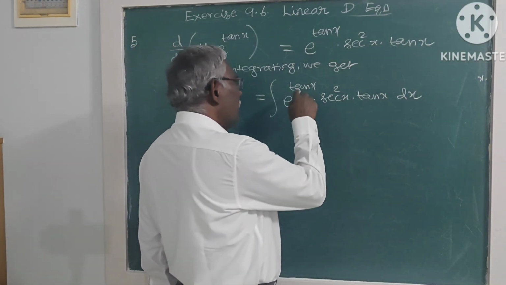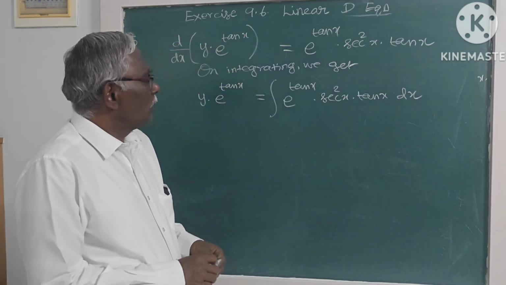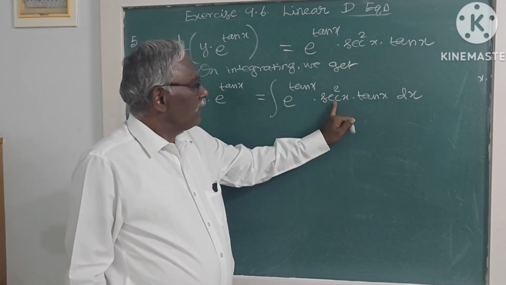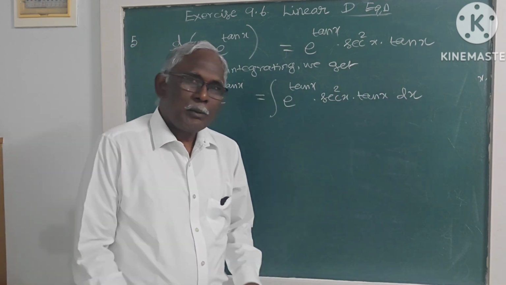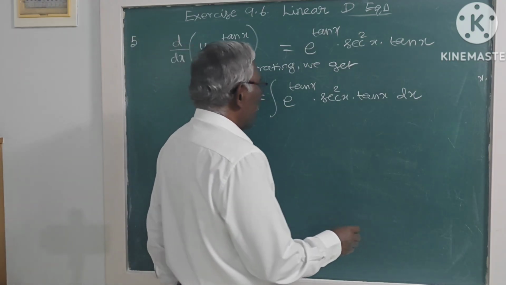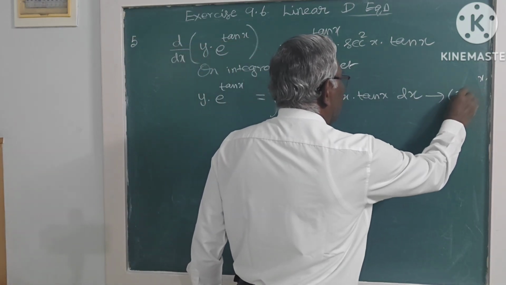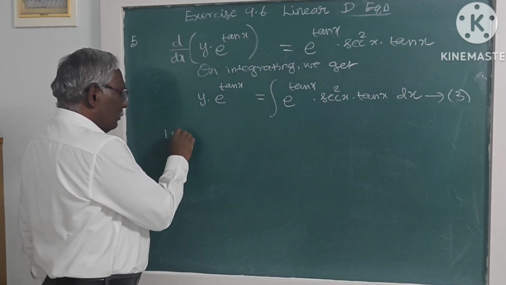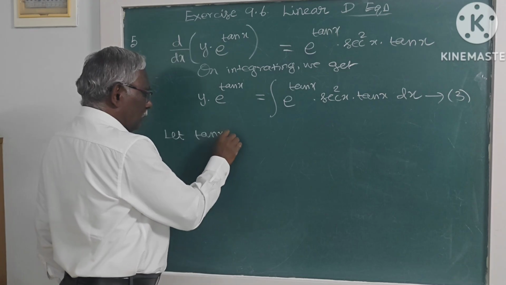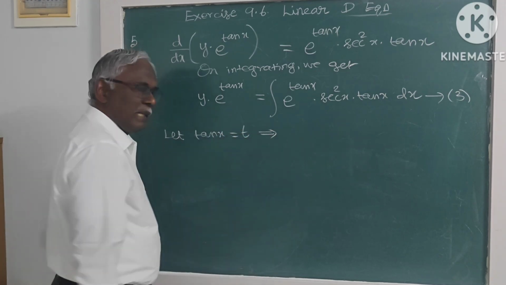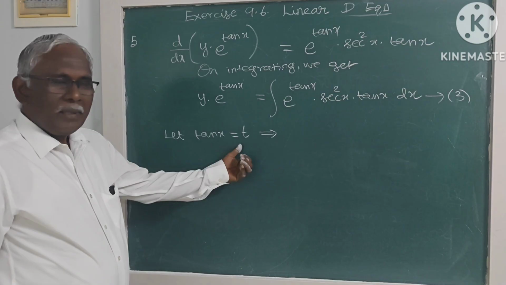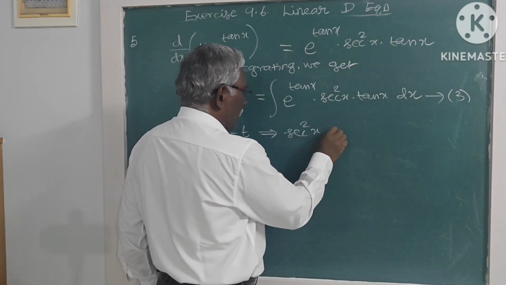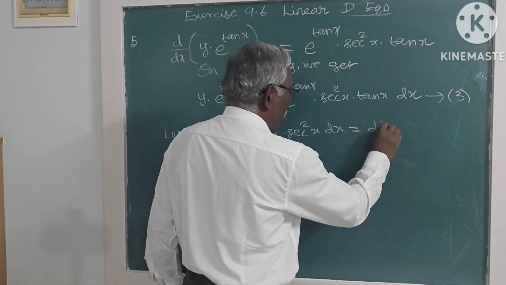So we know that if we differentiate tan x, secant square x will come. So let tan x is t, then if we differentiate we get secant square x dx becomes dt.